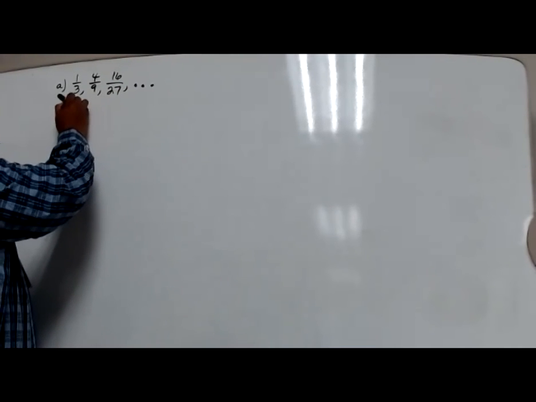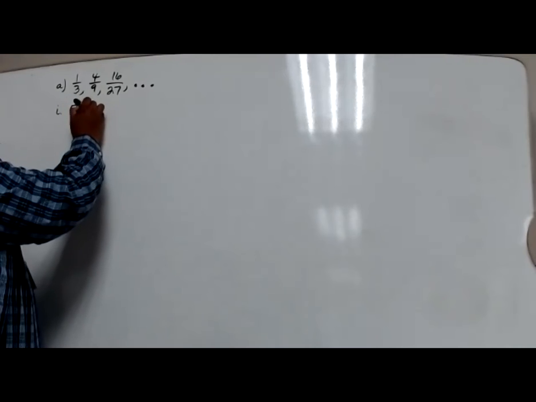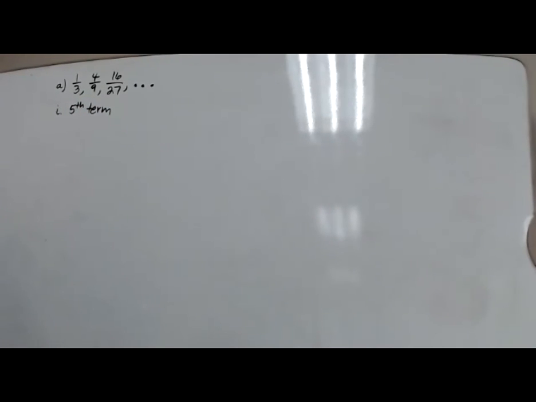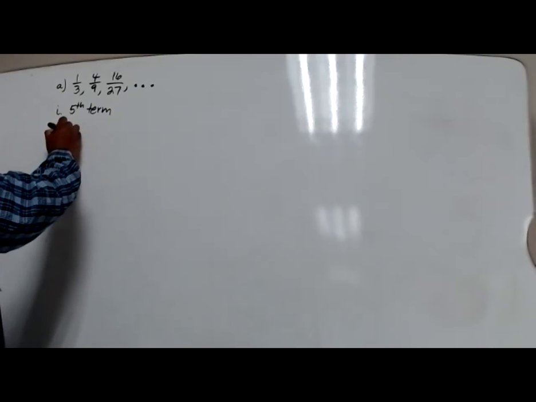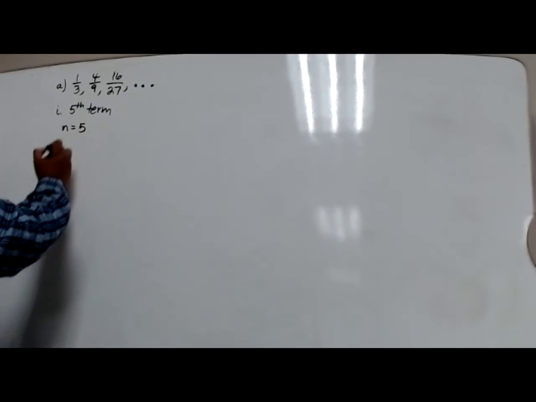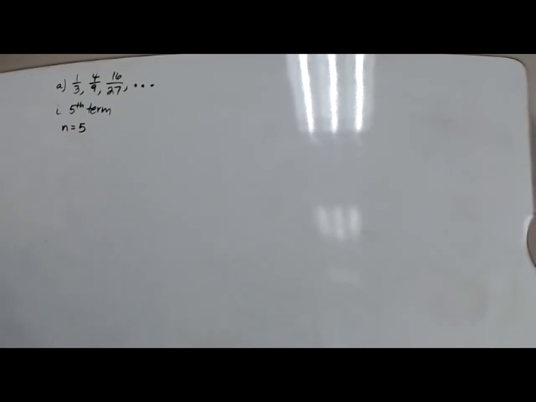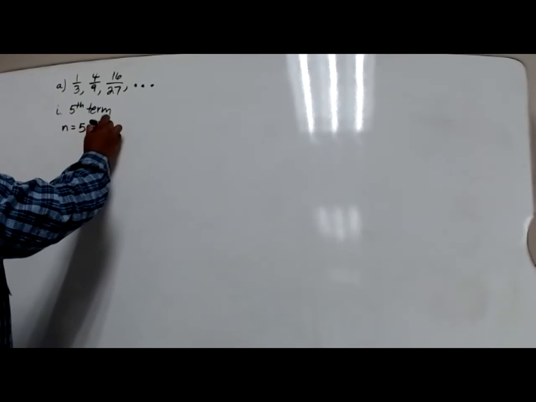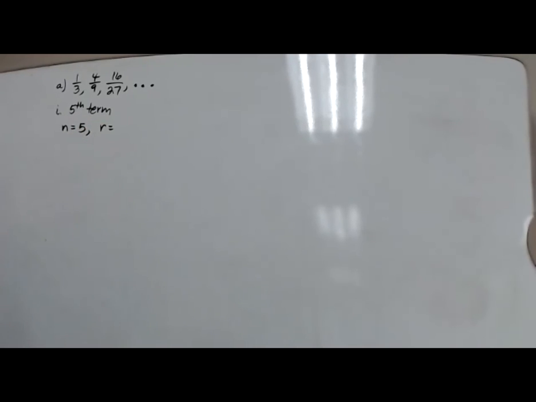So here we're going to find the fifth term of this geometric sequence. For the fifth term, n is equal to 5. We need something else, the r, which is the common ratio.